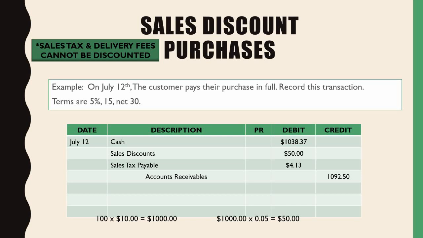Okay? And of course, now how much money am I actually going to be receiving for this entire amount? Well, that's straightforward. You can do one of two things, right? You could take what they originally owe you of $1,092.50 and subtract out the $50 and the $4.13. Or you can also do it this way, right?